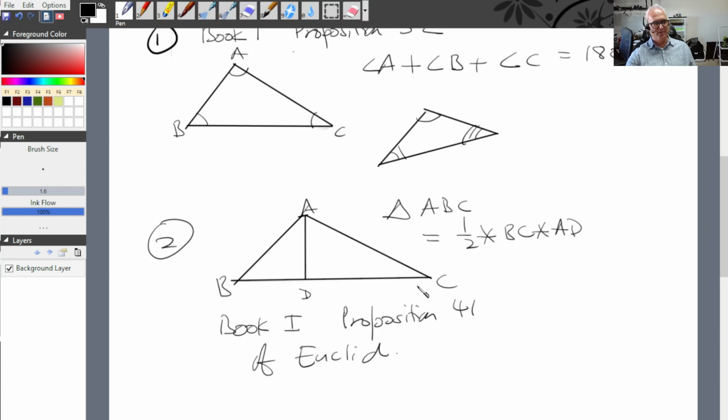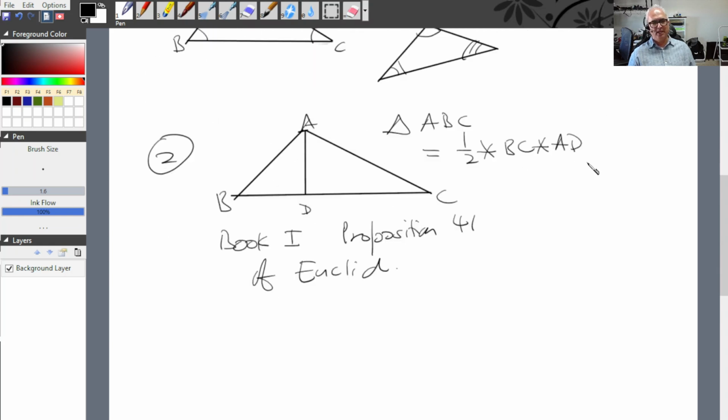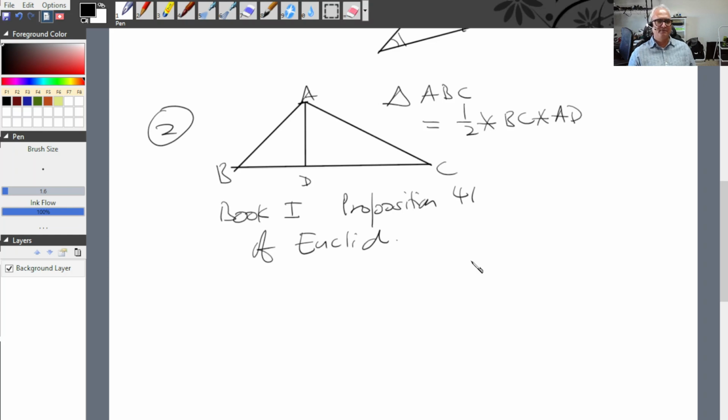The same great Euclid, whose proposition 32 told us that the 3 angles will be 180 degrees. And the proposition 41 of the same book tells us that the area of a triangle is half base and the perpendicular from the opposite vertex.